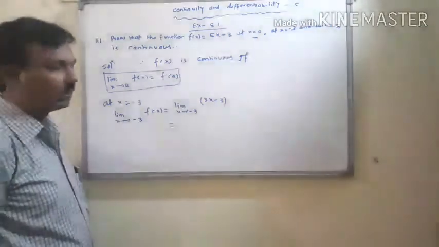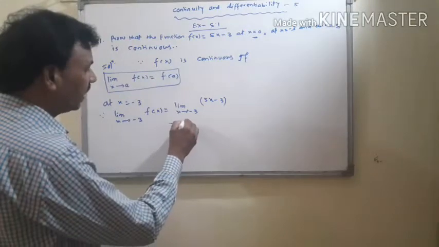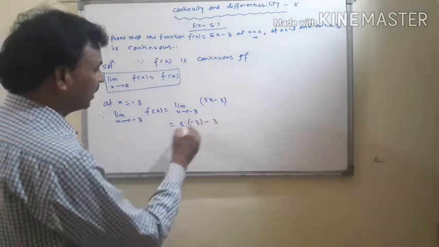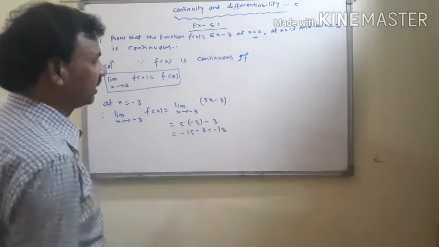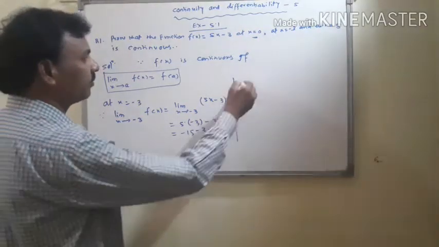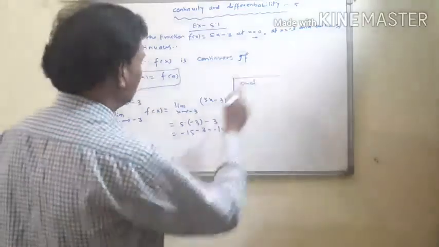Then this will be equal to 5 into minus 3, that is minus 15, minus 3, equal to minus 18.